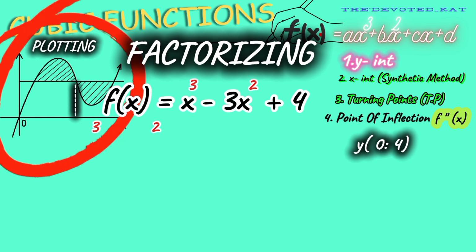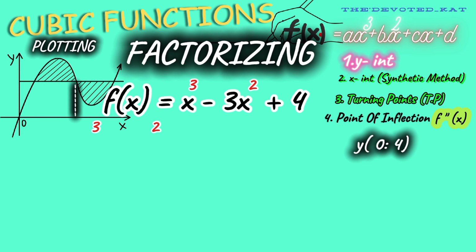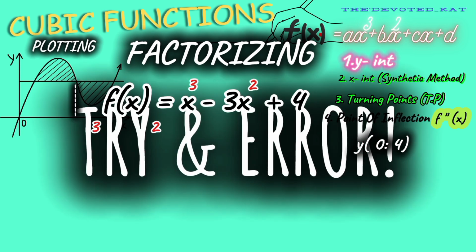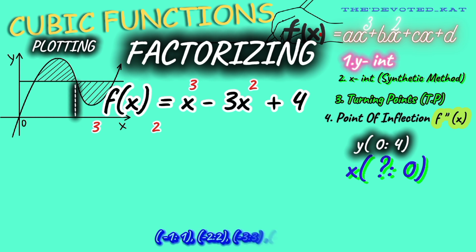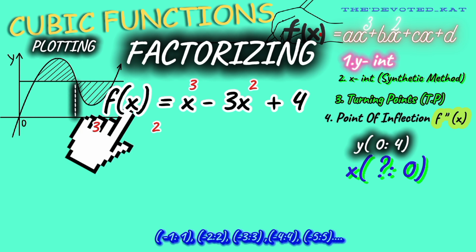The first thing we do when factorizing a cubic function is to use trial and error to find the first x-intercept, which will be our first factor. So we are going to try -1 and 1, then -2 and 2, -3 and 3, -4 and 4, -5 and 5, up until we find the right factor that fits our equation.